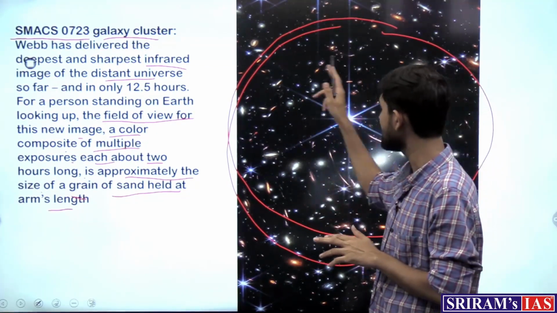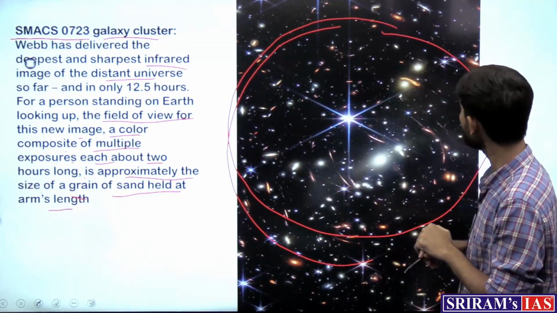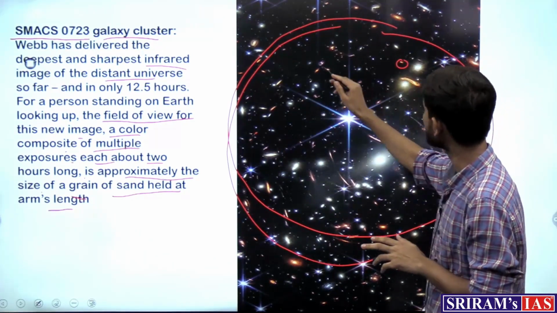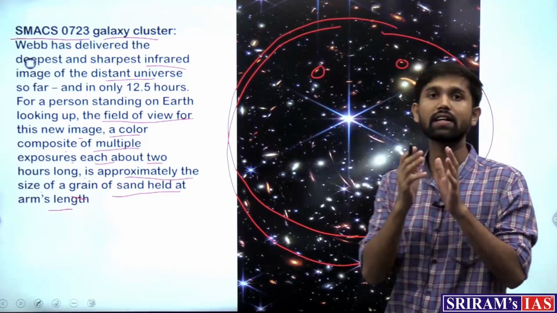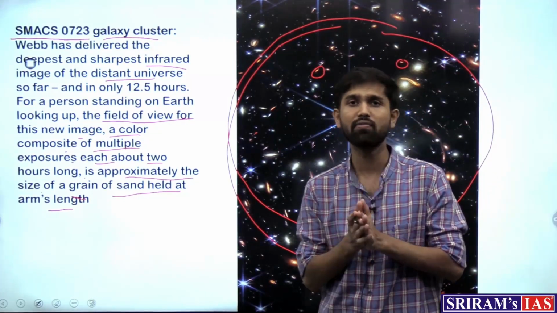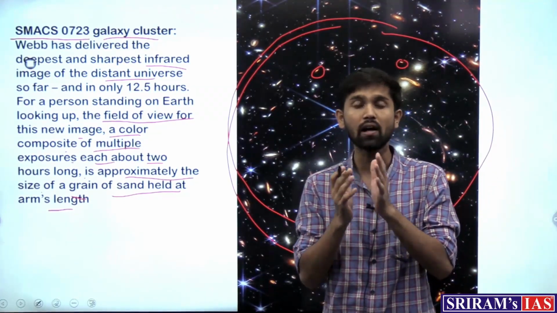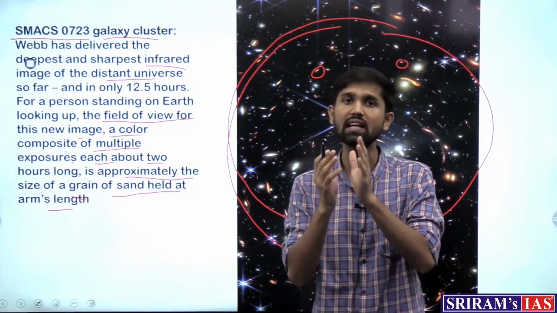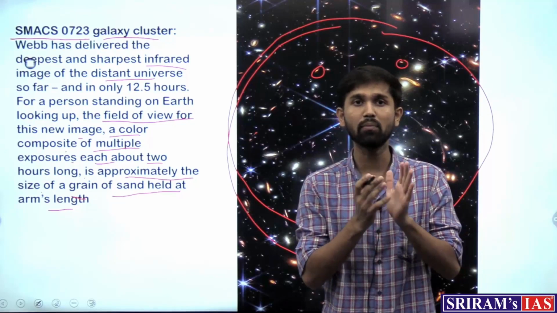So this is basically a galaxy cluster, and some of these stars or galaxies which are reflected in the red color are said to be around 13 billion years old, which means that they are just 800 million years away from the Big Bang.